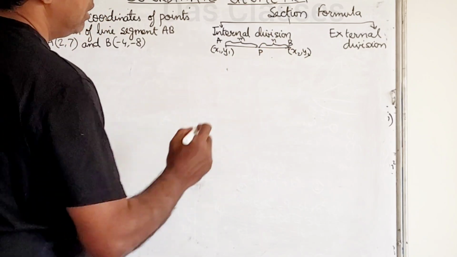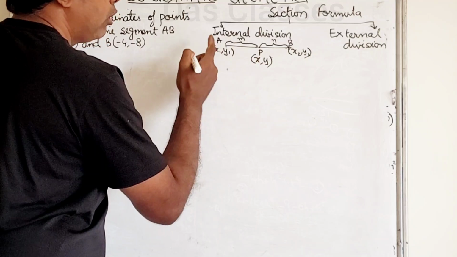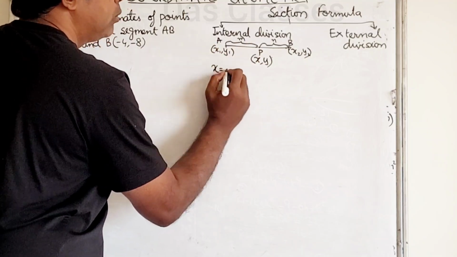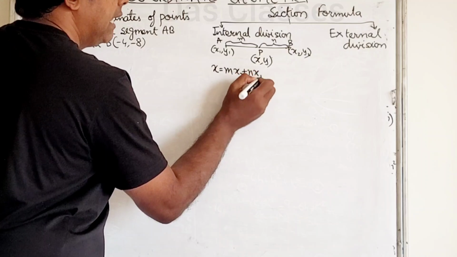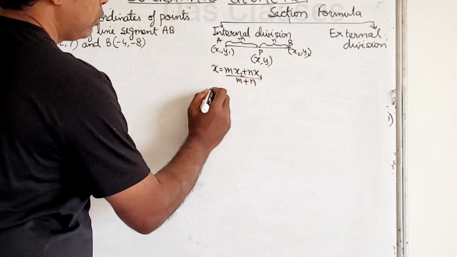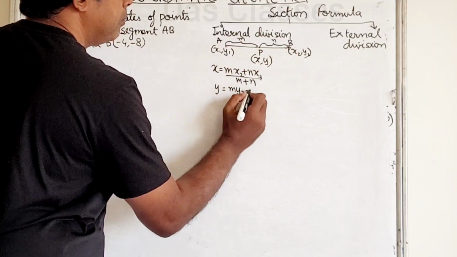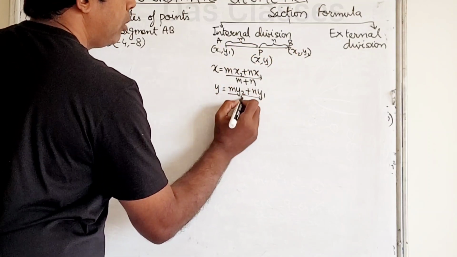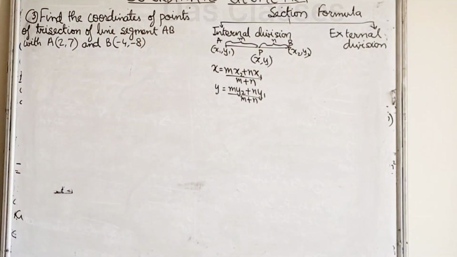Now in that case, if they ask you to find the coordinates x and y, according to the internal division formula, x would be equal to m x2 plus n x1 upon m plus n. And if you want to find the y coordinate, it's going to be m y2 plus n y1 upon m plus n. So these are the coordinates. This is how you can find the coordinates of point P.